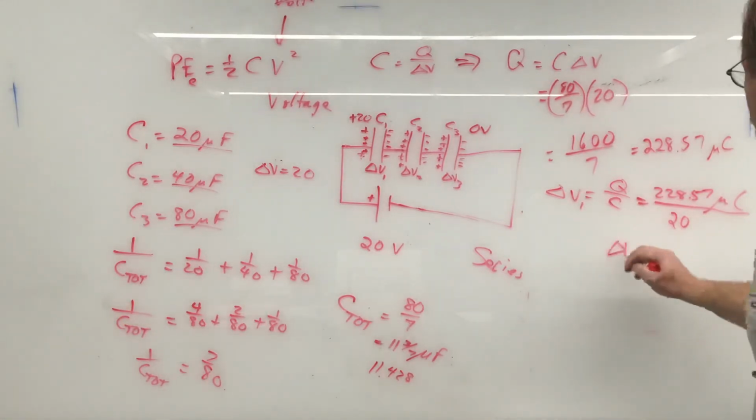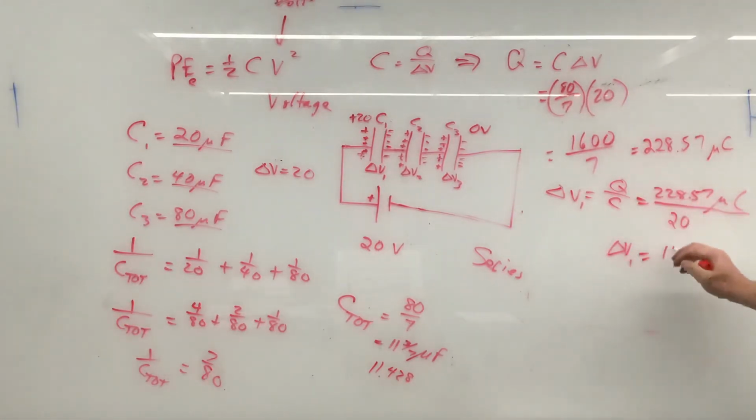And I get that delta V1 is 11.4 volts. And that tells me right there, if all that the capacitor can handle is 10 volts, this is going to blow my capacitor.